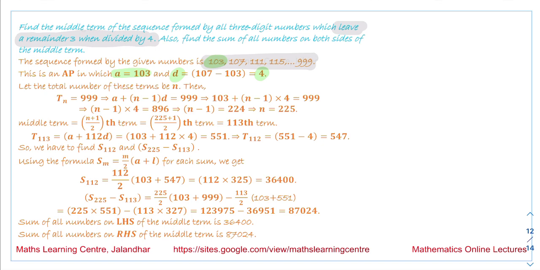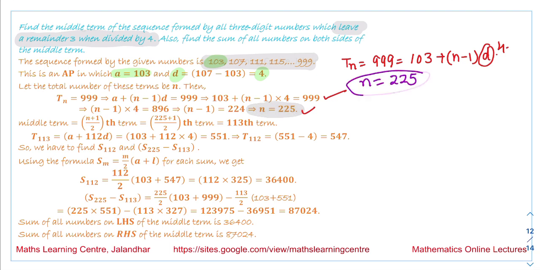The last term Tn is 999, which is equal to A plus n minus 1 into D. The value of D is 4. When you solve these values, you get n equal to 225. So the number of terms is 225.